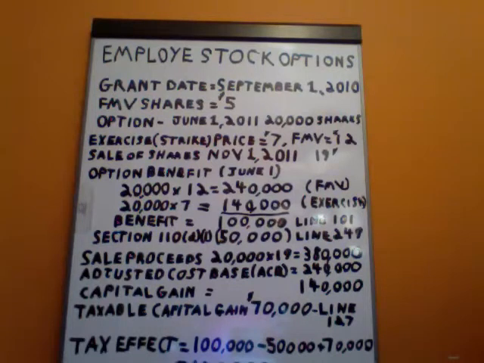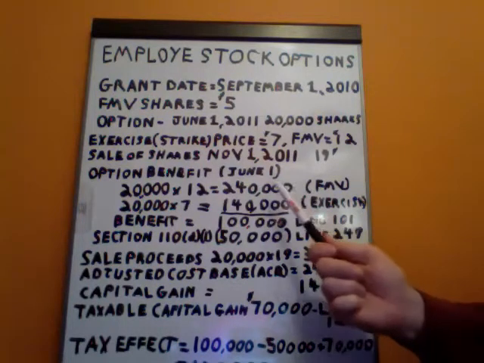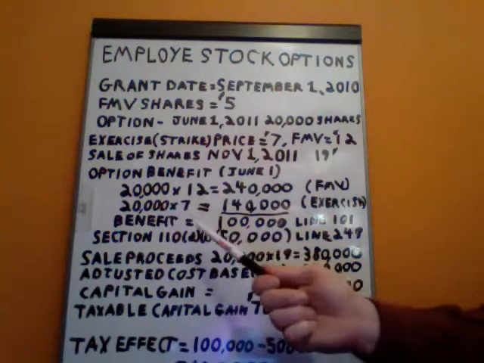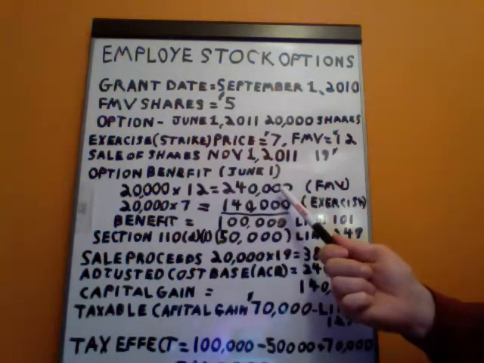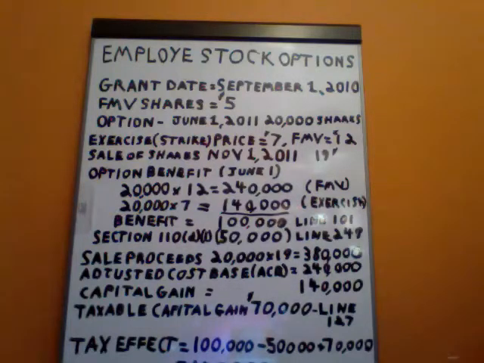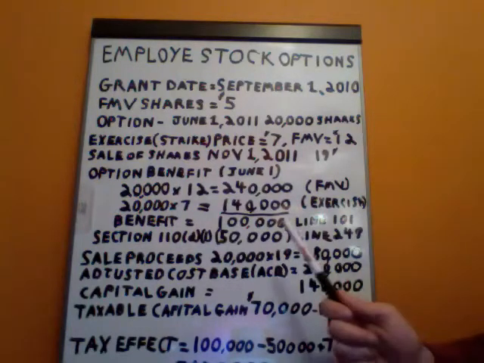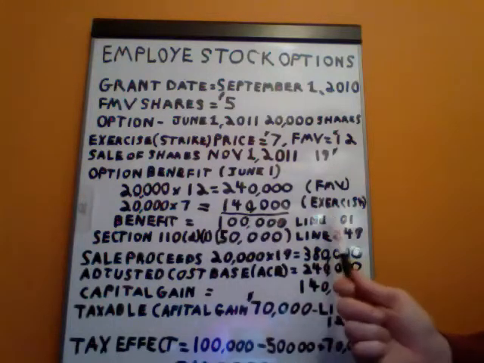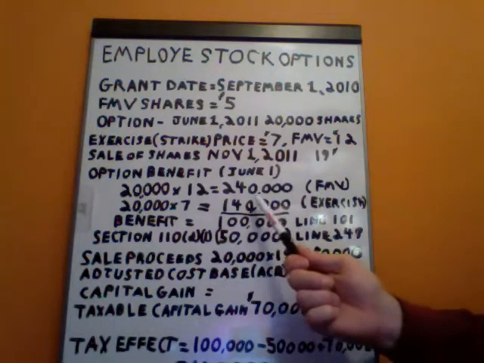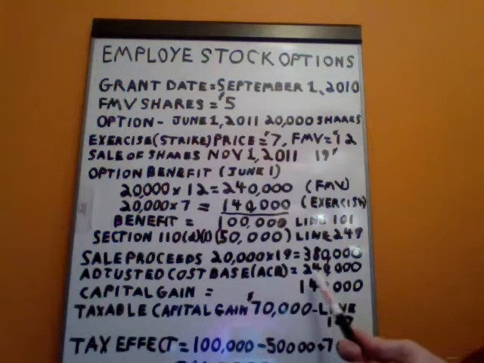That's essentially what he paid, the option benefit calculation, $240,000. That's made up of two amounts: what he originally paid, the $140,000, plus the benefit he took into income on line 101. So 100 plus 140 is 240. That is our ACB for our capital gain calculation.